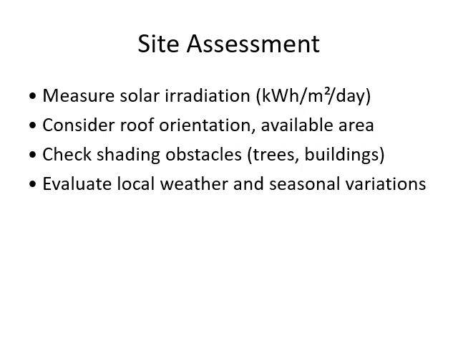Then we have to find the roof orientation. If it's a flat roof, then you have to do the alignment of the photovoltaic panels. If it's already an inclined roof, then you just set the photovoltaic panels on the inclined roof. Then check the shading obstacles: where are the trees and nearby buildings?